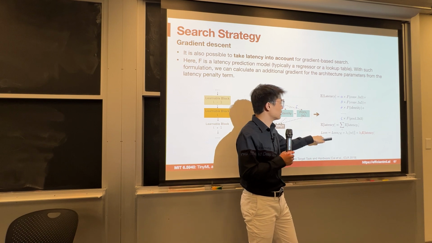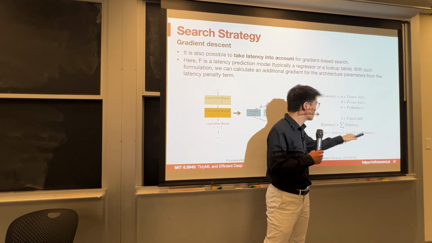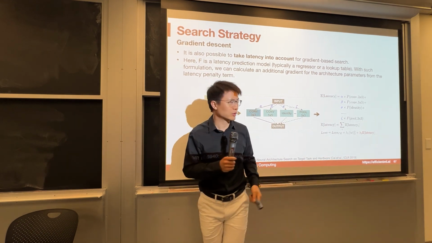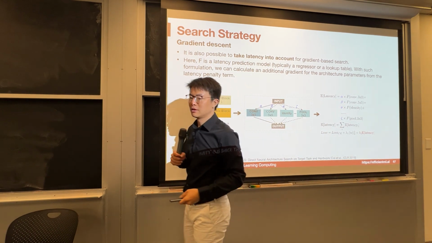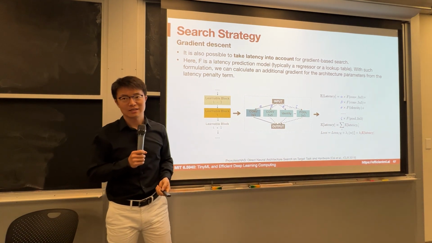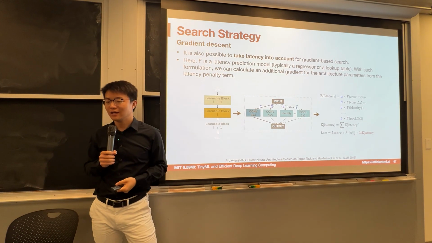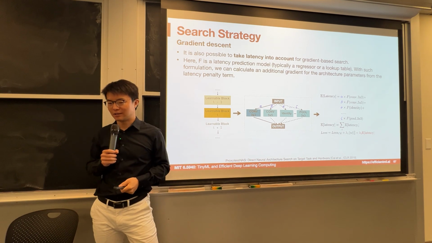And we can define the loss as not only the cross entropy loss and the regularization term, but also this expected latency. And we can backpropagate the gradient back to alpha, beta, gamma. So we can make latency differentiable, so that we can create an end-to-end search strategy to balance between the accuracy and also the latency.